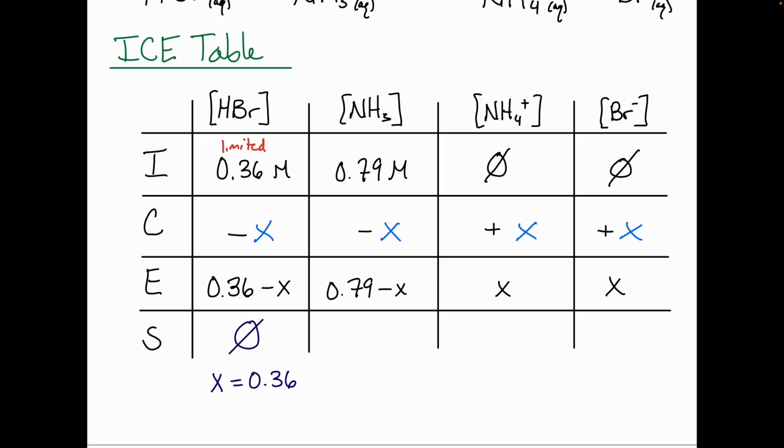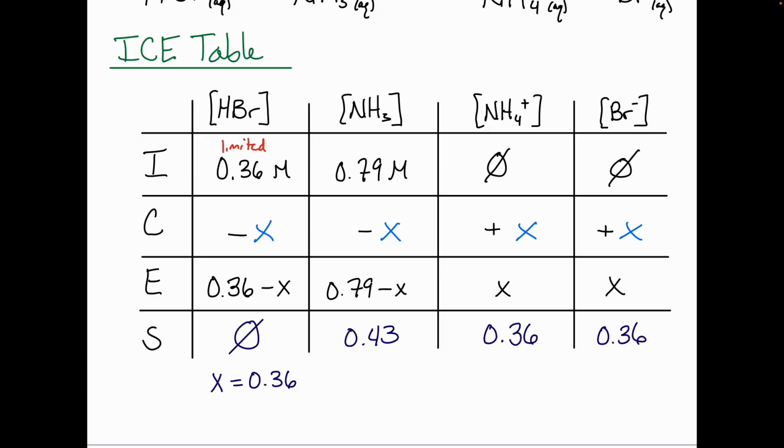So 0.79 minus that 0.36 gives me 0.43, I messed that up. And 0.36 and 0.36 for my X.